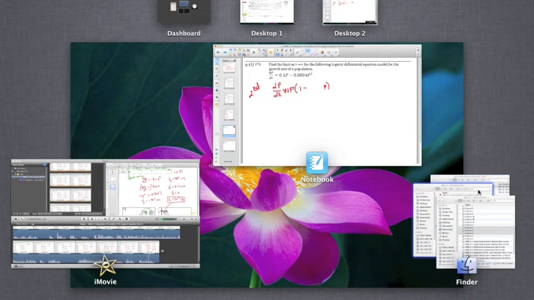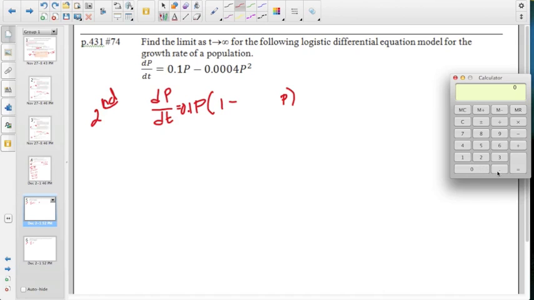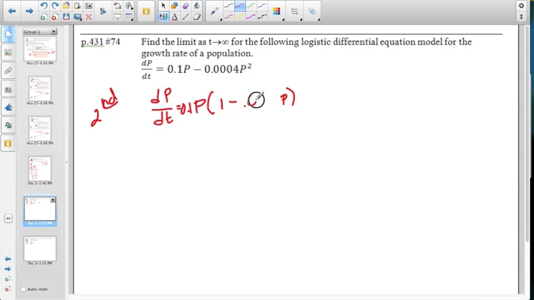And so if we would divide by a 0.1, then we would take 0.0004, divide it by a 0.1, and we get 0.004. So this would be 0.004p. And so now it tends to look a little more like the form that we had just those 2 pages ago.